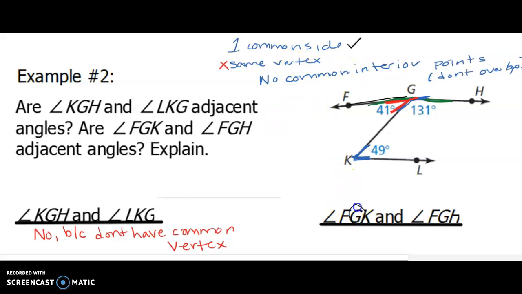Well, notice the vertex here is G, the vertex here is G. That's a yes. They have no common interior points, or they don't overlap. Well, a point here is in both angle FGK and angle FGH. So they do overlap, they do share common points, so this is a no. And even though two of these three are checks, yes, they are not adjacent angles because they overlap.